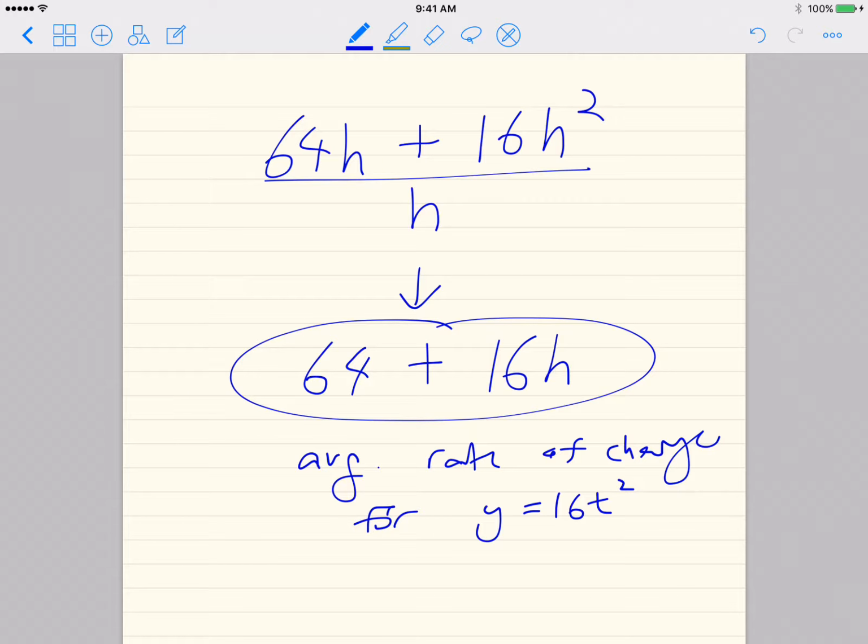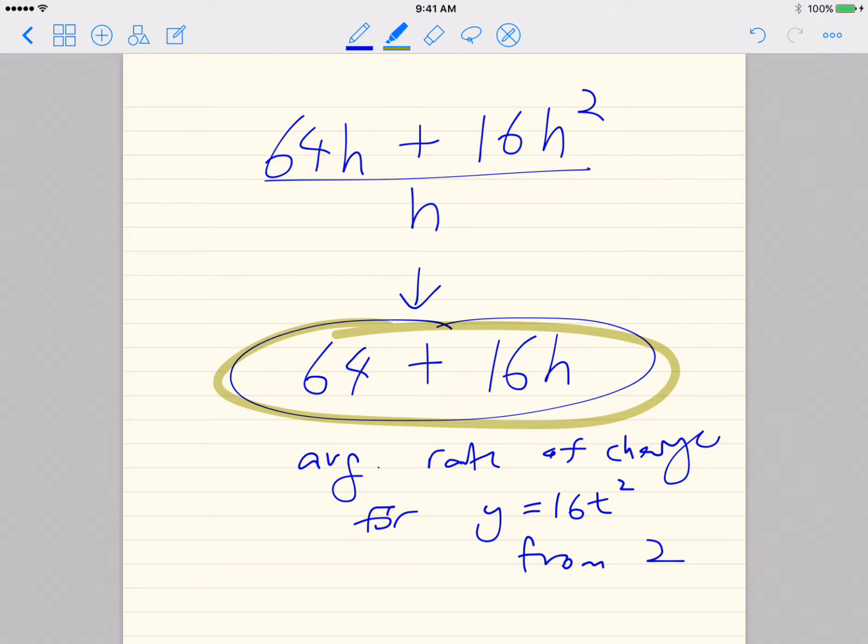So I should specify that this expression is for finding the average rate of change from 2 to any other point, depending on what the h value is. But again, we want the h value to be 0, so you could plug in 0 this time to see what that instantaneous rate of change will be at t equals 2.